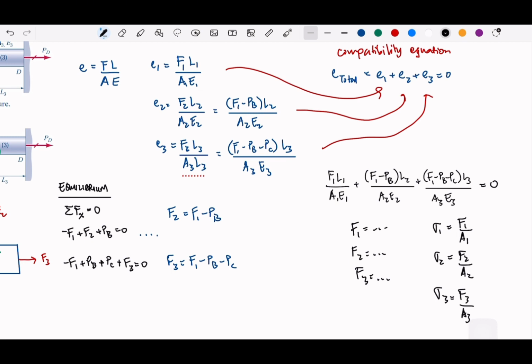Maybe you can start from this force, substitute there, or we can start from the equilibrium and then get into here, similarly. Okay. So either you have the force and then you solve E, or you solve E and then you get the forces as this one. Okay. You get the force and you get all the stresses.